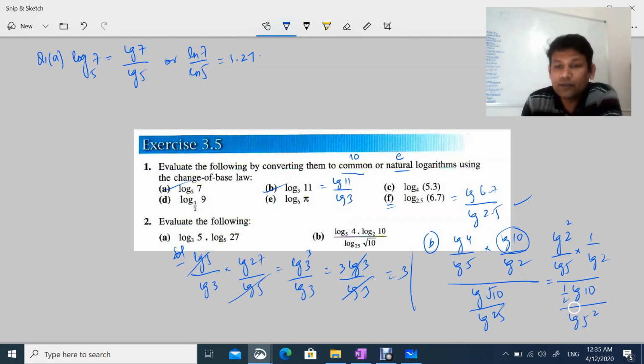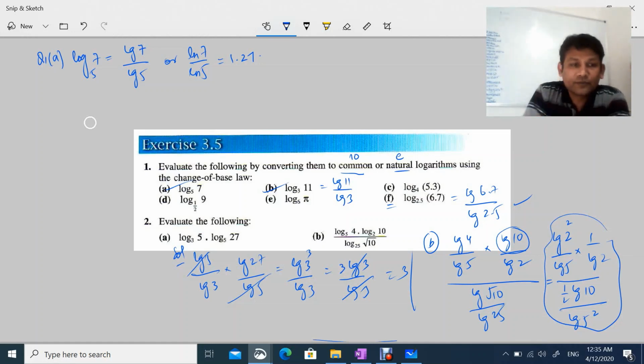Now the power law is applied. Finally, I will solve this part here. The 2 will become the coefficient, 2 lg 2 divided by lg 5, multiplied by 1 upon lg 2. This lg 2 cancels.